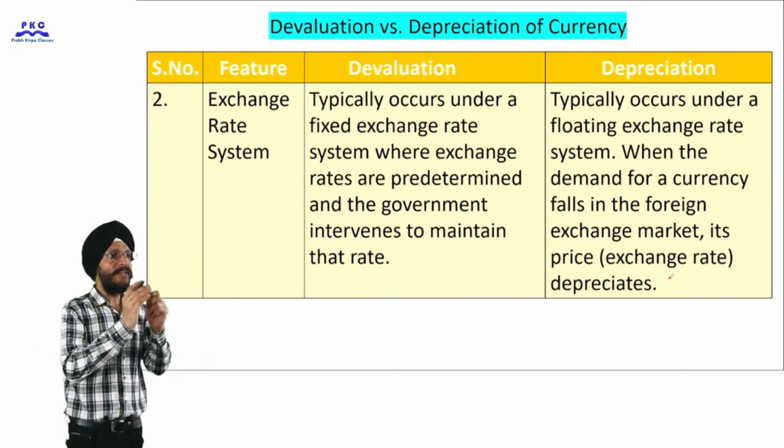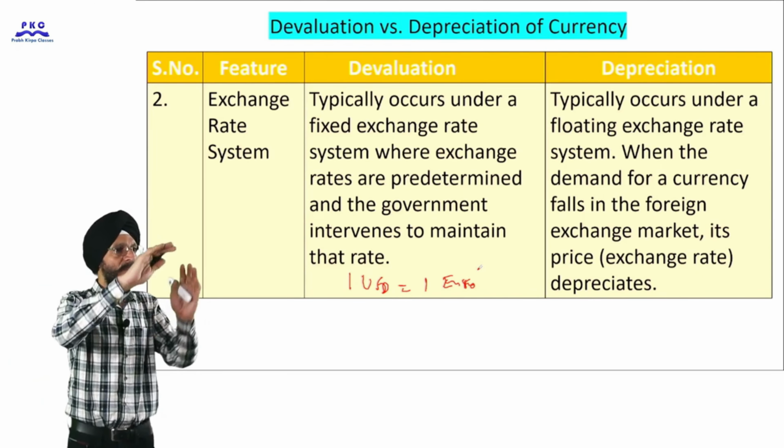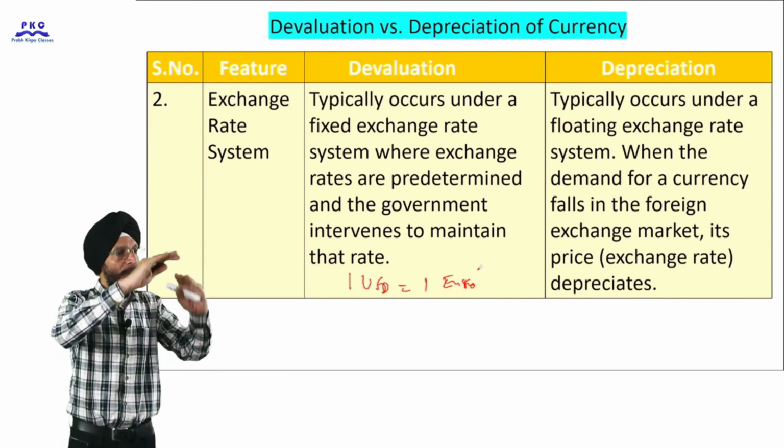We take the example, suppose the European Union decides that 1 euro should be equal to 1 US dollar and it should remain as it is, and to maintain that balance it will be taking steps so that the value of 1 euro remains equal to 1 US dollar.